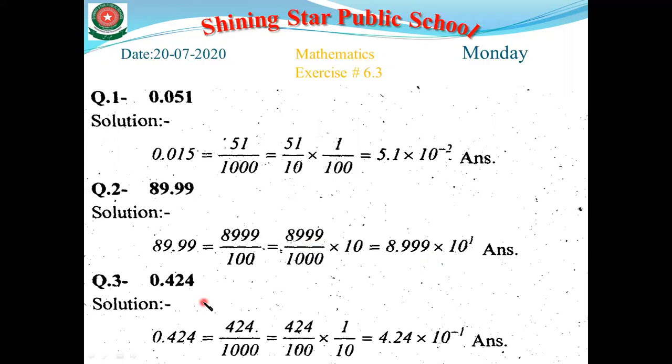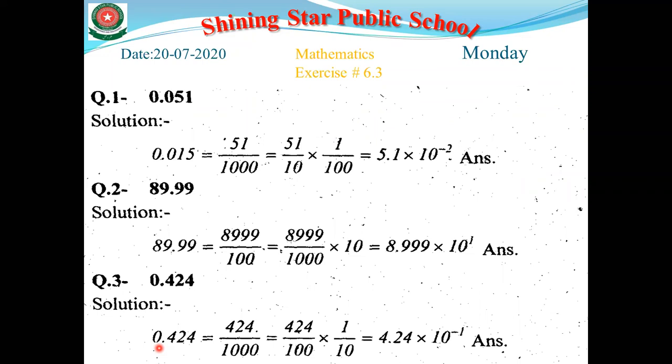So our next question, 0.424. In this question we have 0 before the point. One condition is true. Which condition? Before the point we only have a single digit. So in this question we have a single digit. But our second condition is that before the point we have one digit, but that digit is not equal to 0.